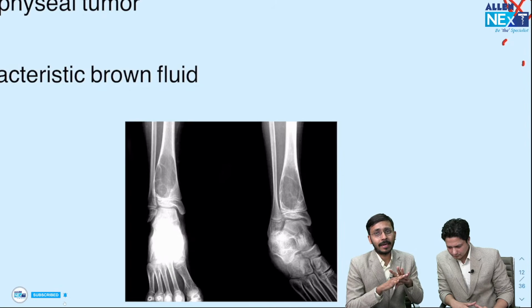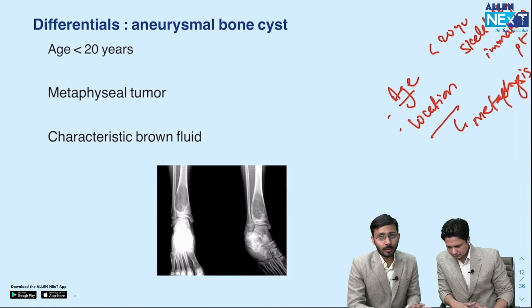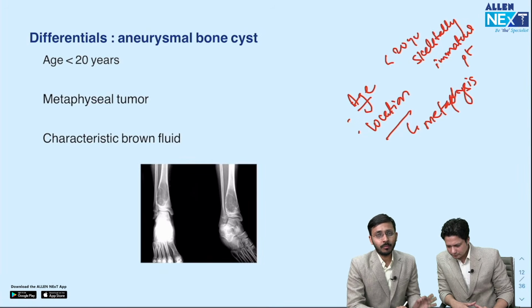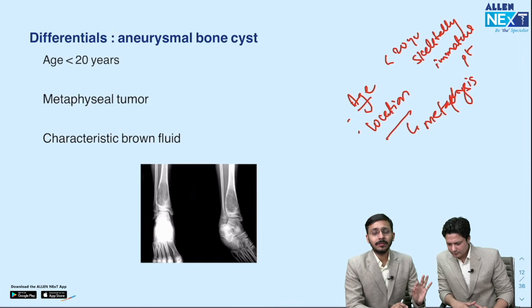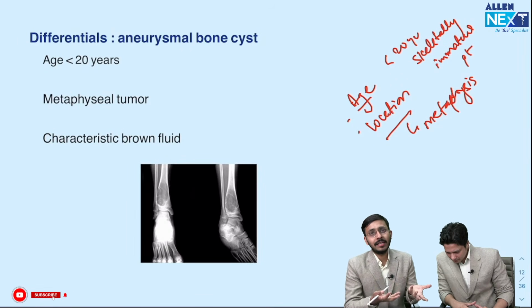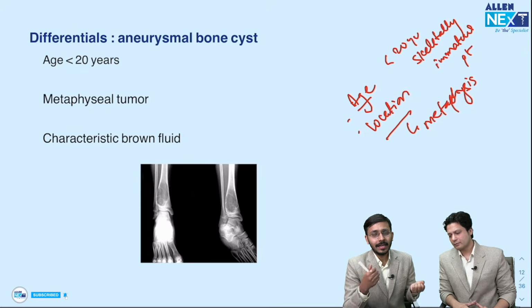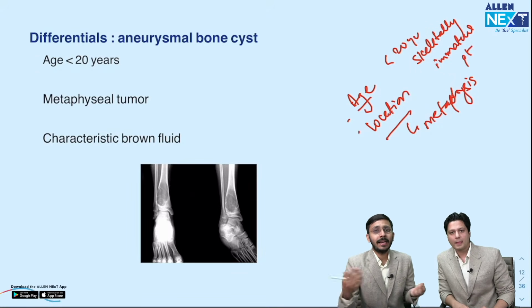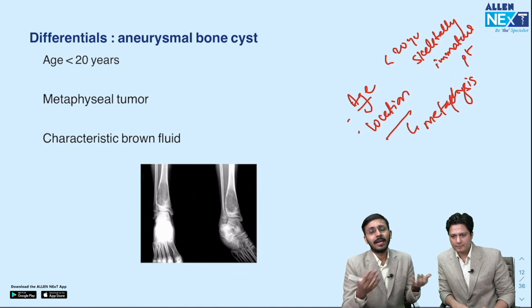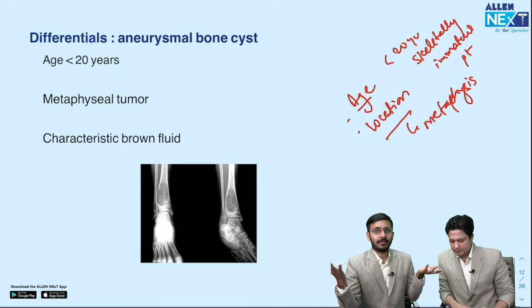But you don't have to remember any of this. Just remember 2 points: age and the location of the tumor. Both of them are lytic lesions. If it is a metaphyseal lesion in a young patient, it is ABC. If it is an epiphyseal lesion in a skeletally mature child, it is a giant cell tumor.